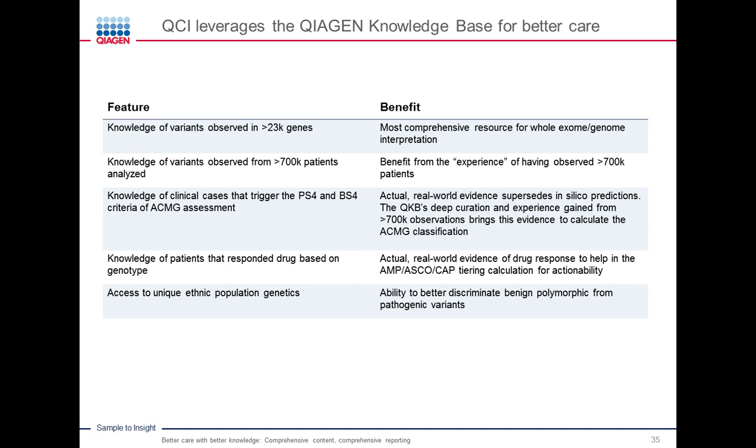And this criteria really is to say that there has actually been clinical cases that have this exact mutation and this exact phenotype. And when you have real-world examples, that's when you trigger the PS4 and the BS4 in the ACMG classification. And the QIAGEN knowledge base brings that evidence so that those criteria do get triggered.